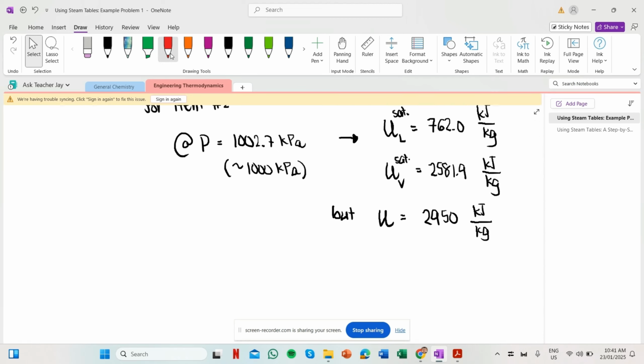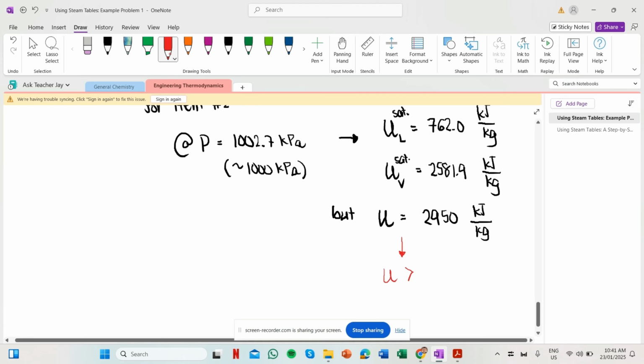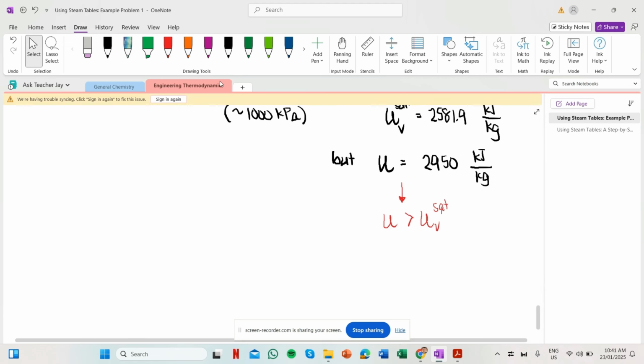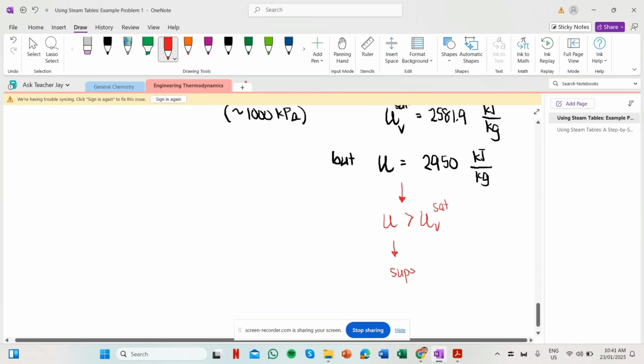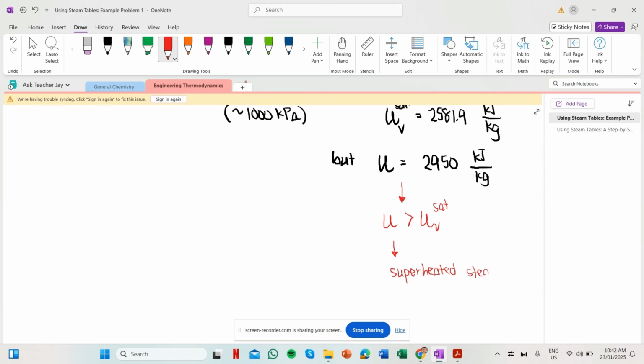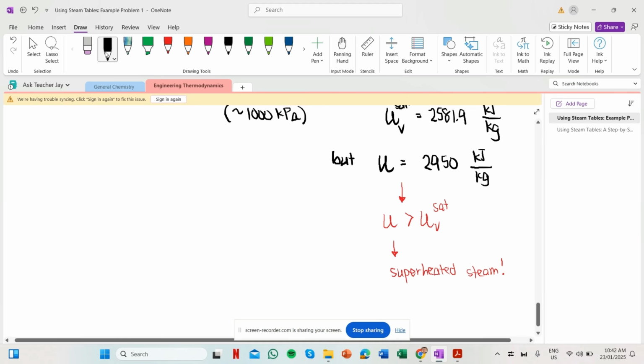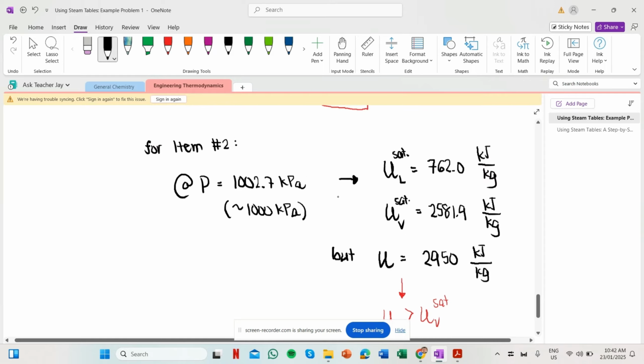This implies that your U is greater than the internal energy for saturated vapor, implying that the data indicates that the water is in its superheated steam form. All right. So that means we're going to use the superheated steam data.